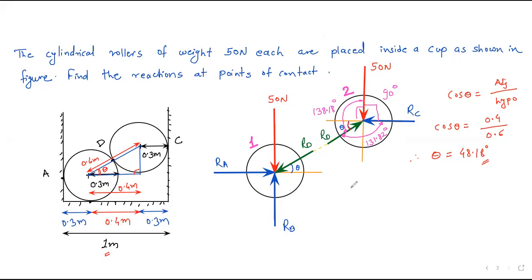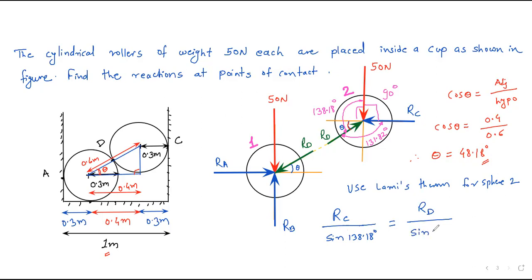Now you can use Lami's theorem and find out the reactions RC and RD. So if I use Lami's theorem for sphere 2, I will get RC divided by sine of 138.18 degree, which is equal to RD divided by sine of 90 degree, which is equal to 50 divided by sine of 131.82 degree.